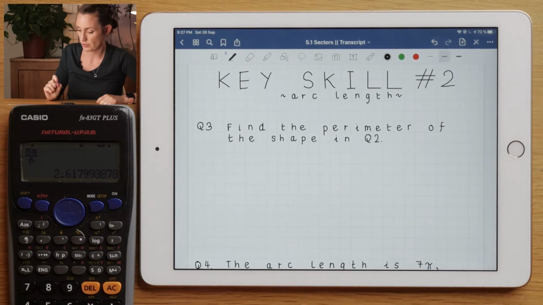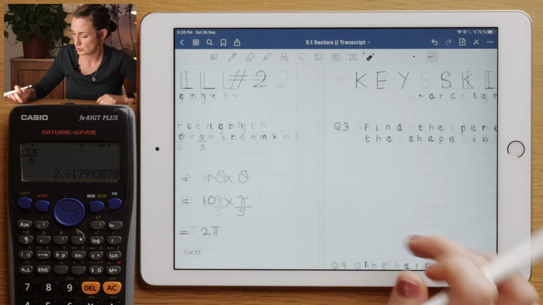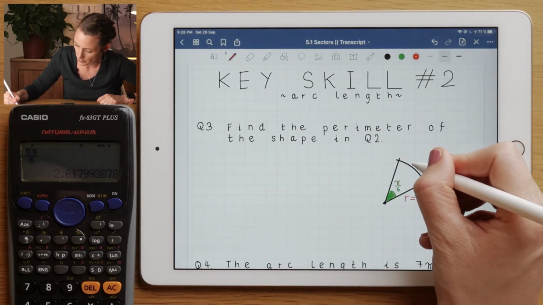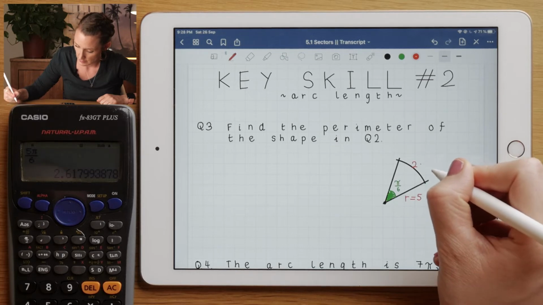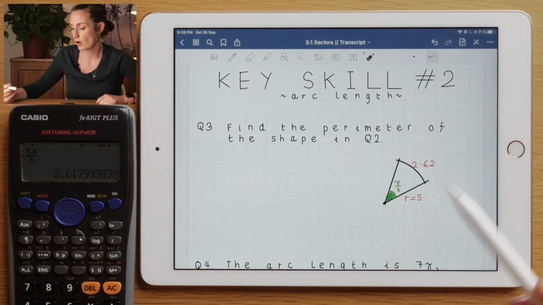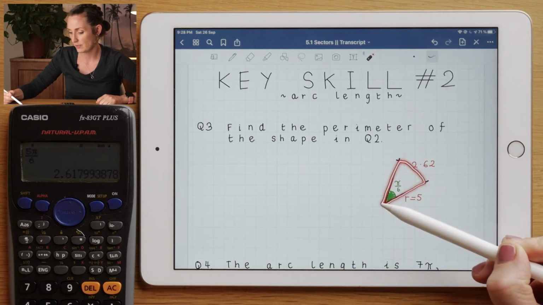Let's have a look at question 3. Question 3 asks for the perimeter of the shape in question 2. So we know now that the arc length here was 2.62. Now the perimeter is the distance around the whole shape, so it would be this one, add that one.